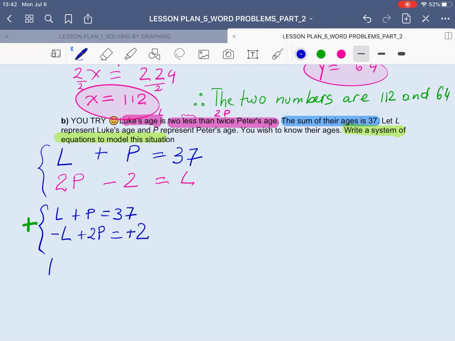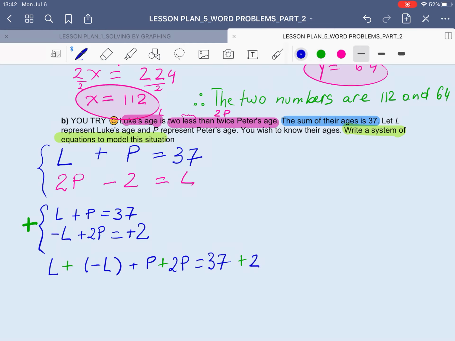Here we go again. We're going to have L plus negative L plus P plus 2P equals 37, and then plus 2.